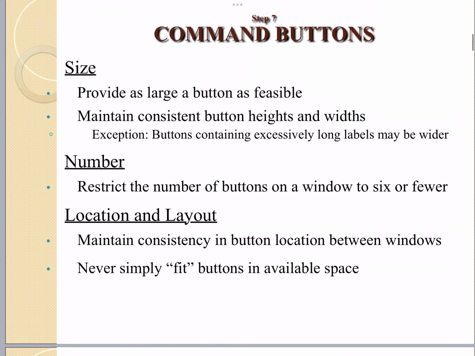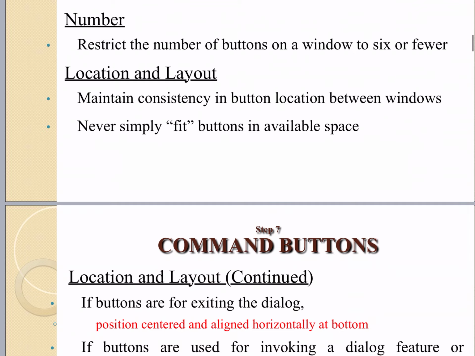And when it comes to size, provide the largest button feasible, and maintain consistency between the height and width. And when it comes to number, restrict the buttons on the window to 6 or fewer, which is very minimal depending on the requirement. And for location and layout, maintain consistency in button location between windows, and never simply fit buttons into available space.